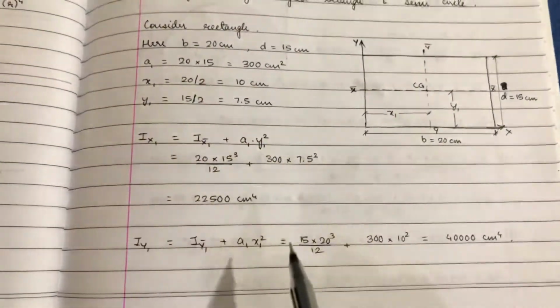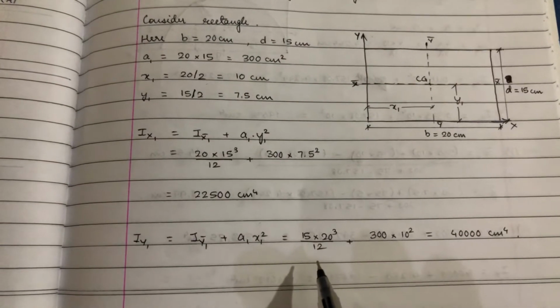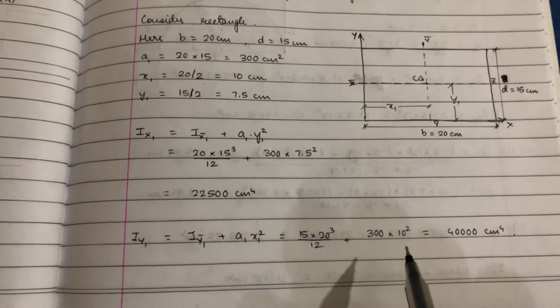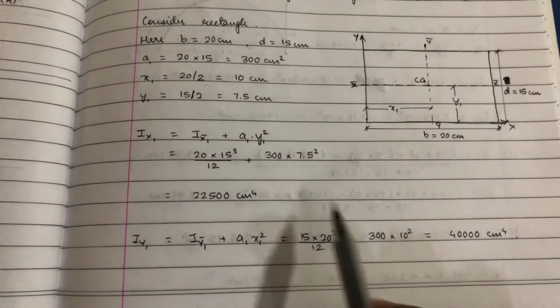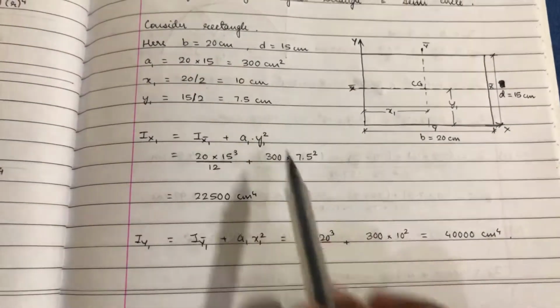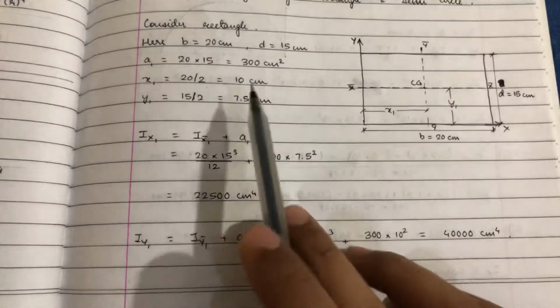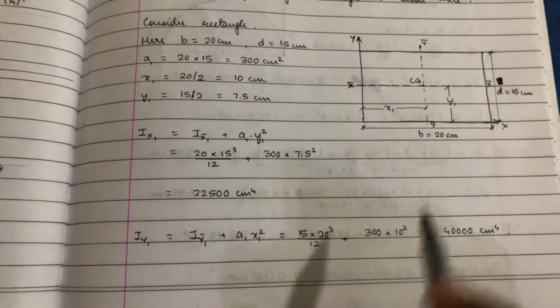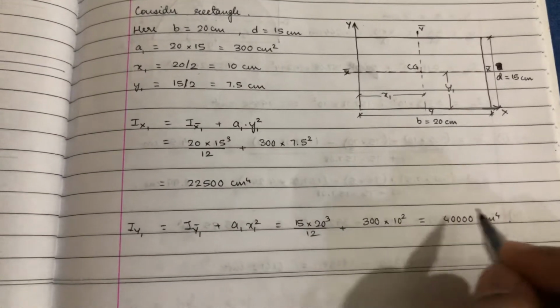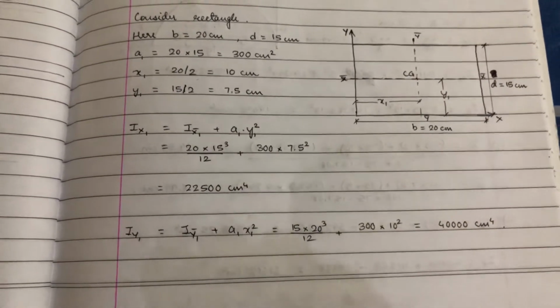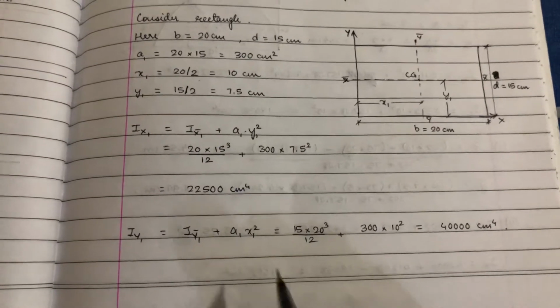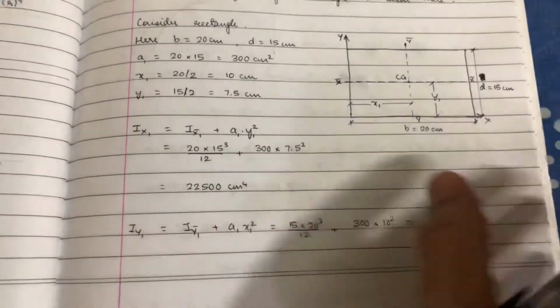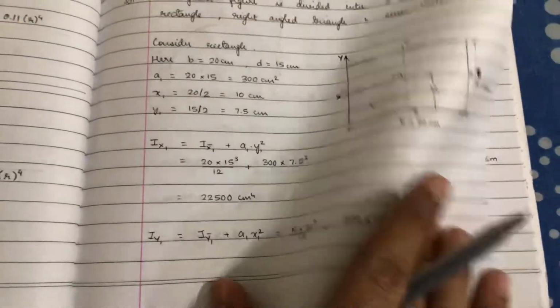So 15 into 20 cube by 12 plus 300 into 10 square, where A1 is 300 and x1 is 10. That comes out to 40,000 centimeter to the power 4. This is Ix1 and this is Iy1.